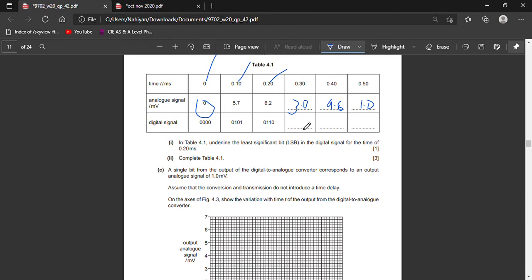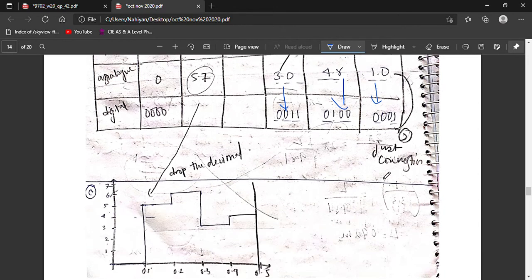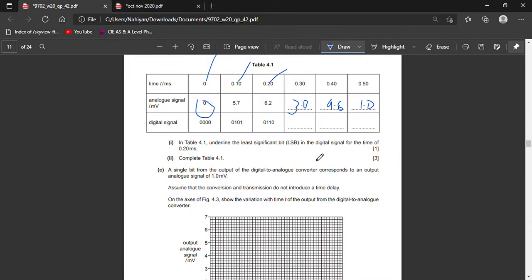If you have taken ICT or computer science in your studies, then you may know how the binary conversion works, and you will also learn this in A2. I have a separate video of how the conversion works. So you just have to convert these values to binary.